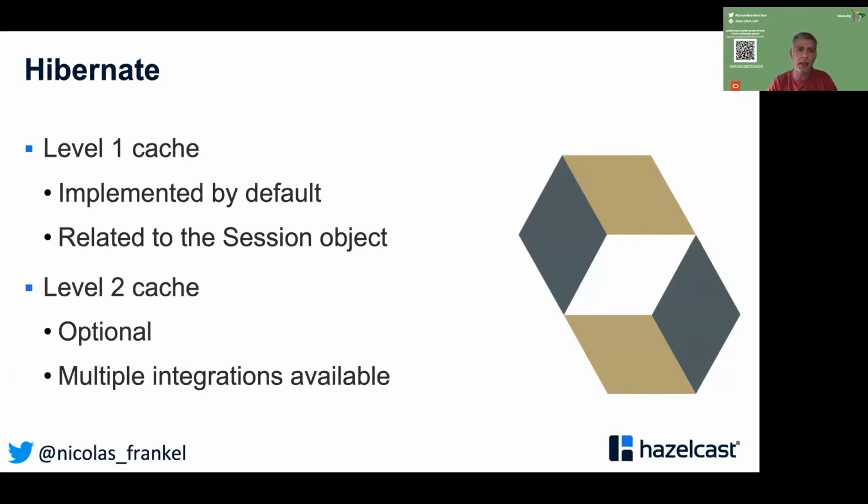The first thing to know is that in Hibernate there are 2 levels of cache. The first level is implemented by default and is related to the session object. So if you have a session and you make a query, and you make the same query with the same session object, then you will read from the cache of the session object.